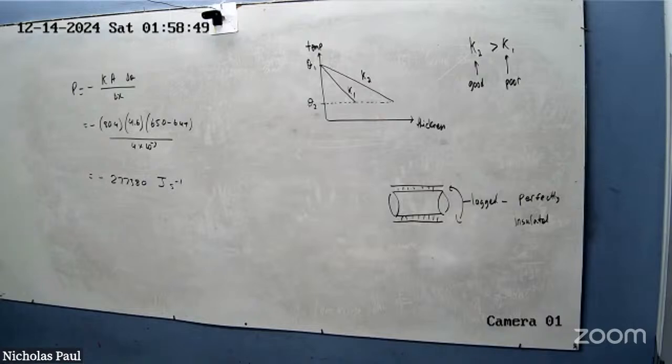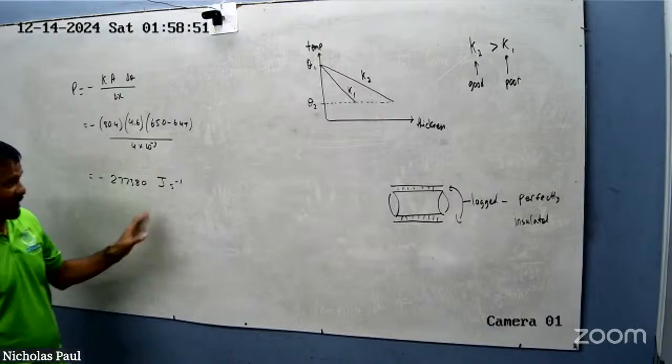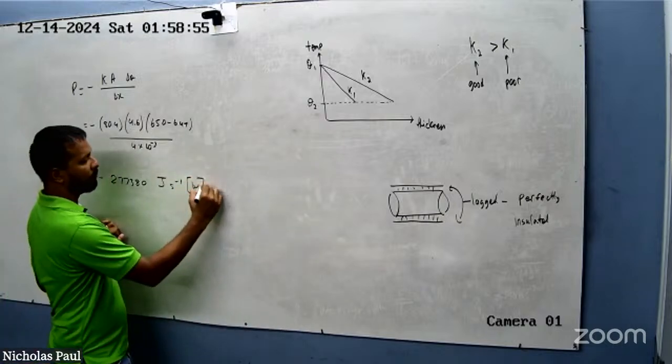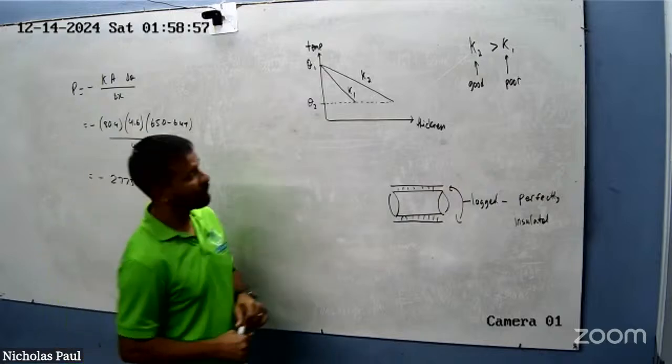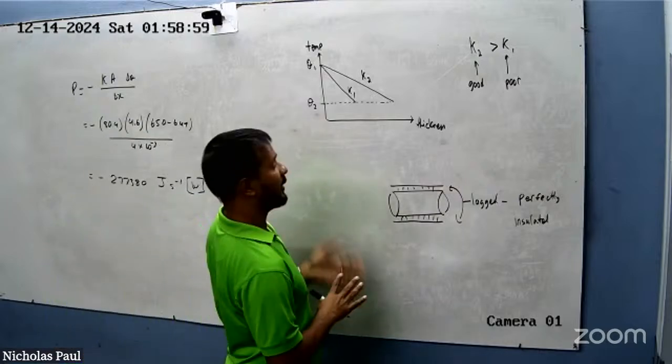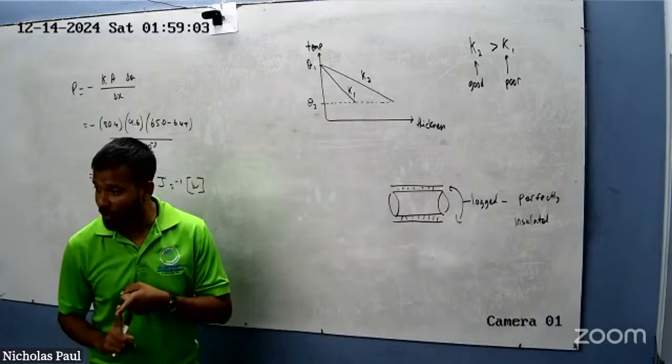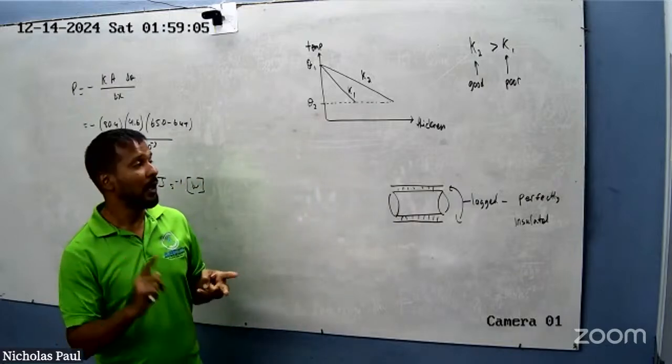You okay with that? That's the SI unit. So what you see is why a good conductor has a small temperature gradient.